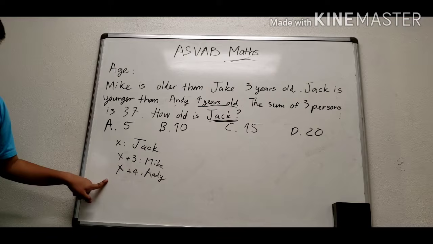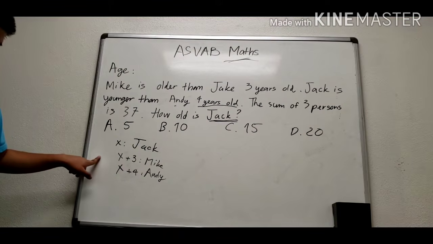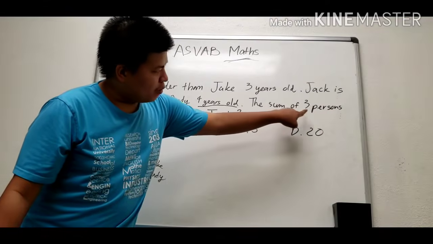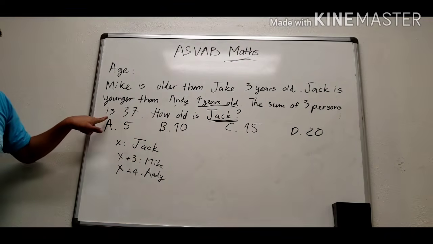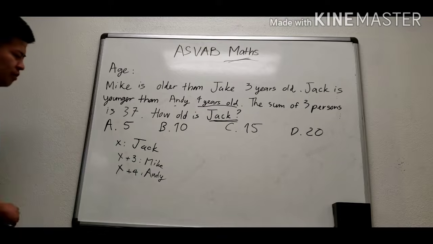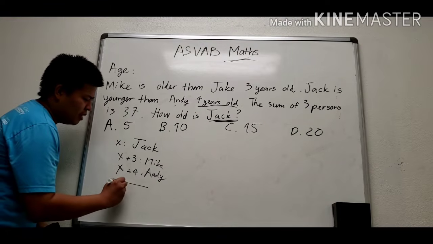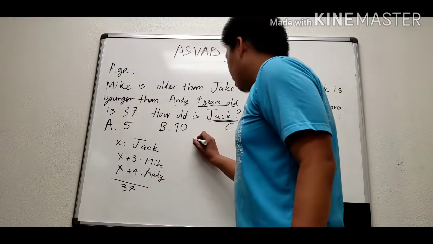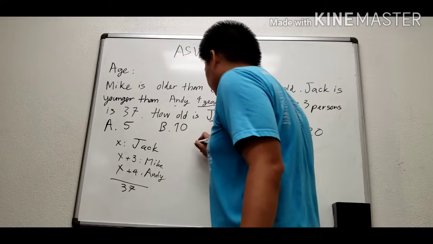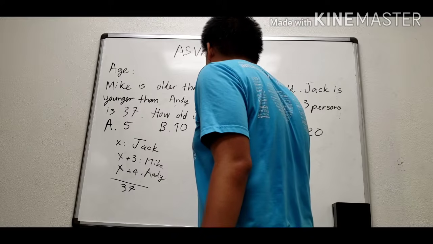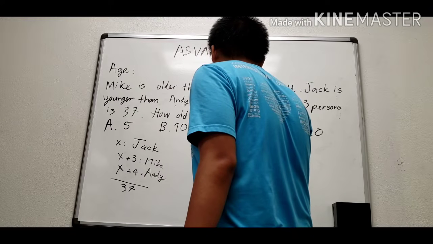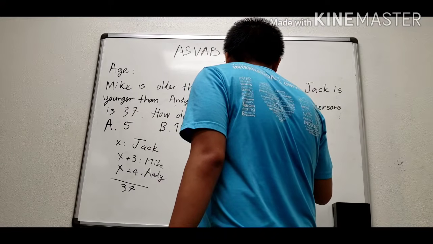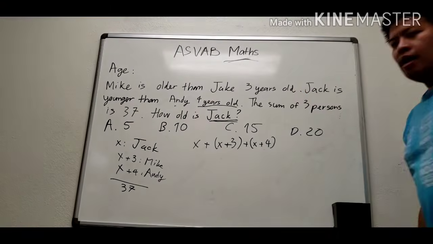After we find the number we need to find, we have here the sum of the 3 persons is 37. So the total here is 37, and we can put it in the equation like this.